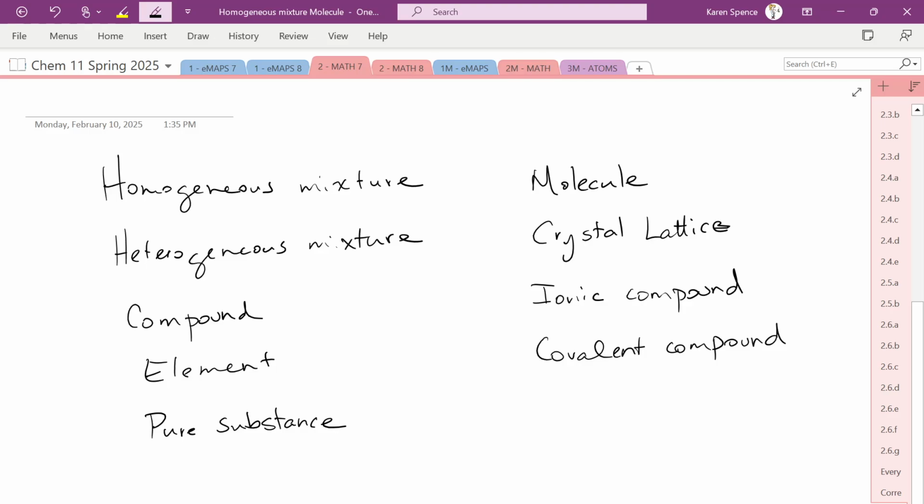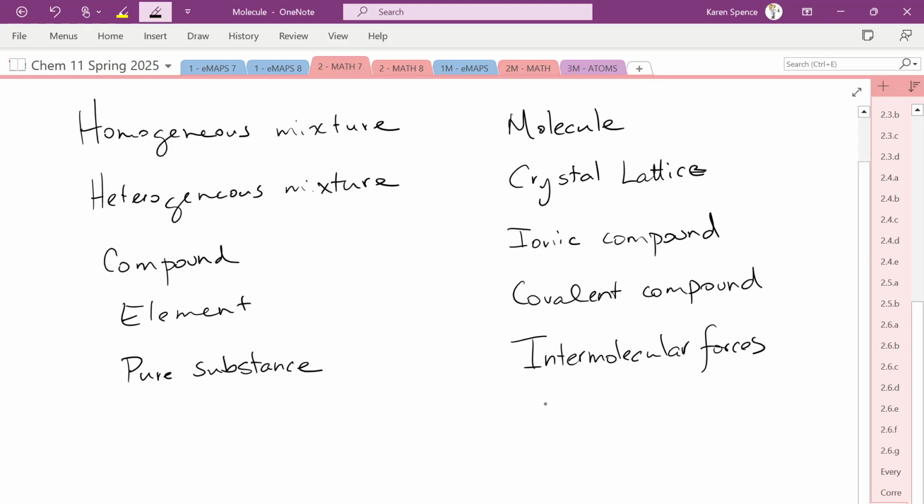Ionic compound, covalent compound, intermolecular forces. Covalent bond, ionic bond.